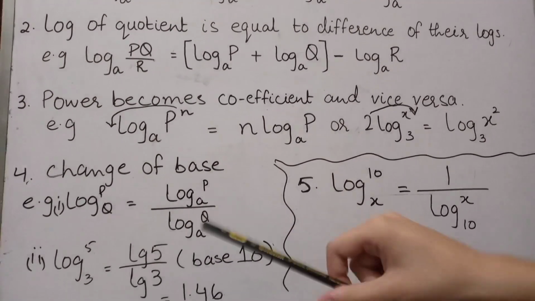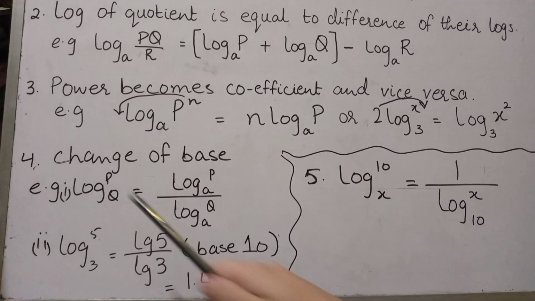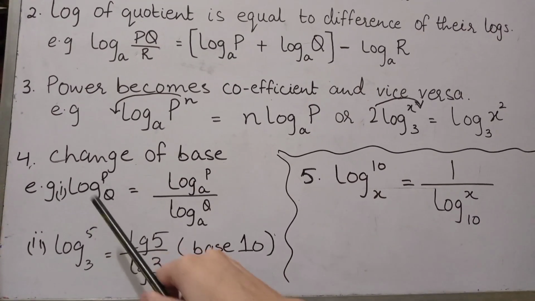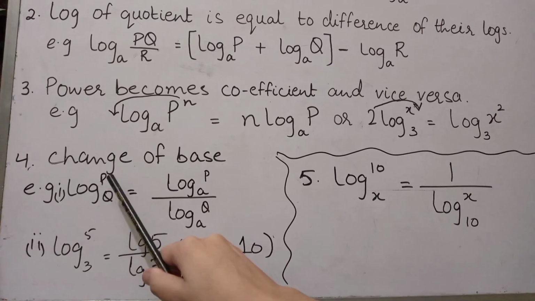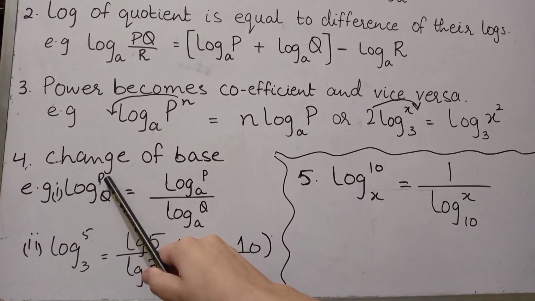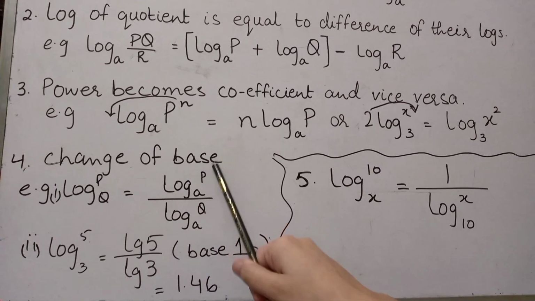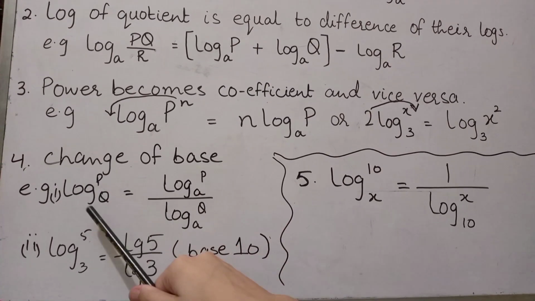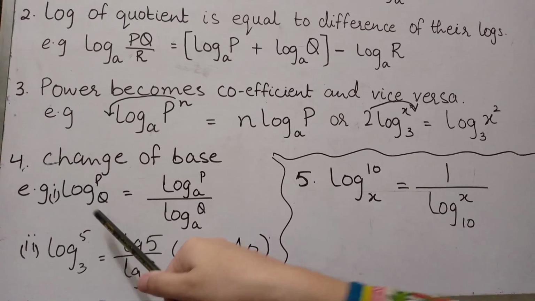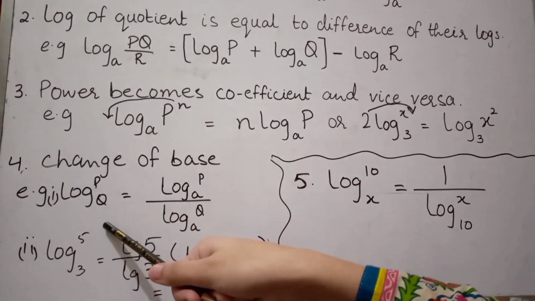Now coming towards the fourth rule, change of base. Now this is something a bit complicated. Log, Q is the base, P is the power. Now I'm changing the base. I am placing a base a.